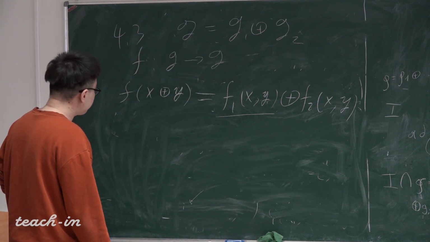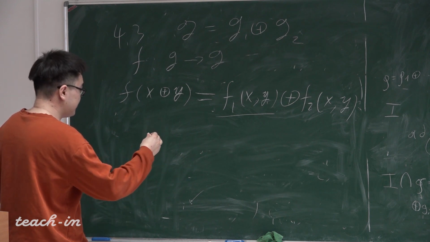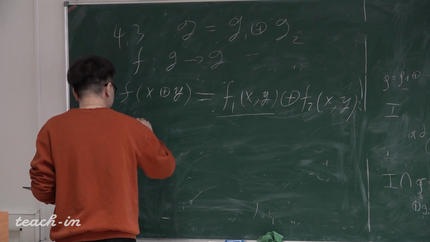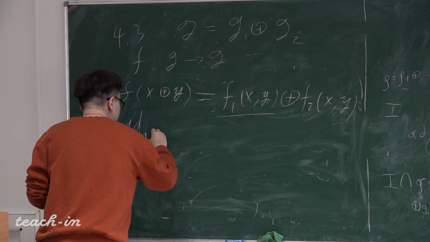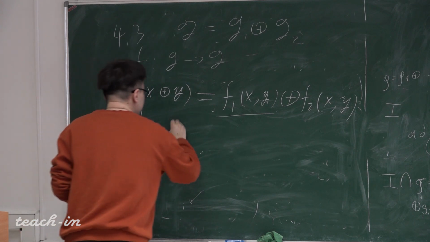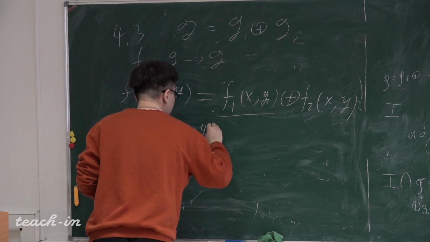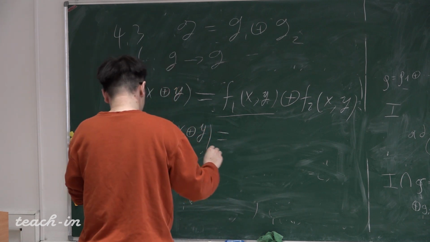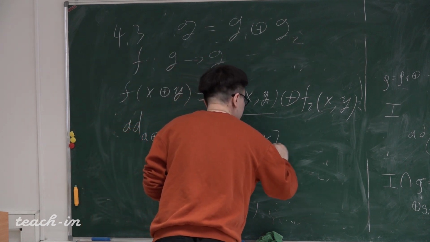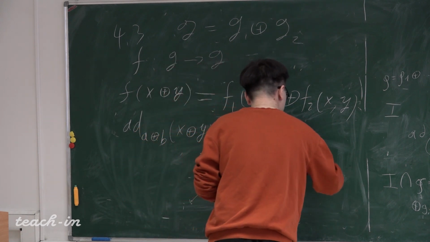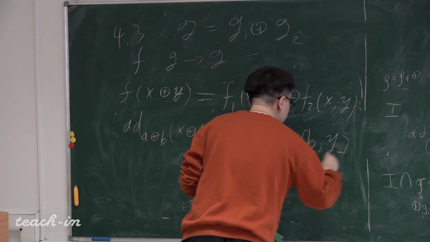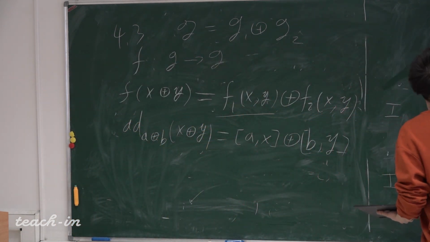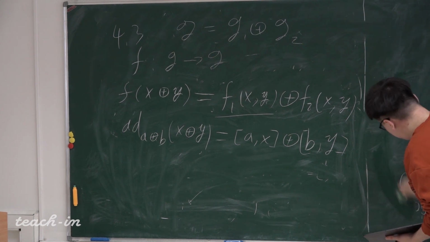We write down the condition that it must satisfy. First write something like this, and now just compute the commutator.